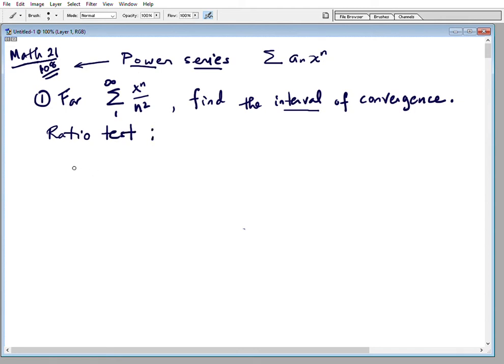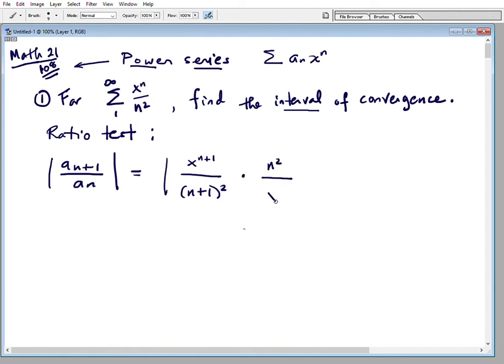All right, so we look at a_(n+1) divided by a_n in absolute value. So in this case, we have x^(n+1) divided by (n+1)^2. And then, rather than divide by a_n, I'm going to multiply by the reciprocal, and then just start simplifying.